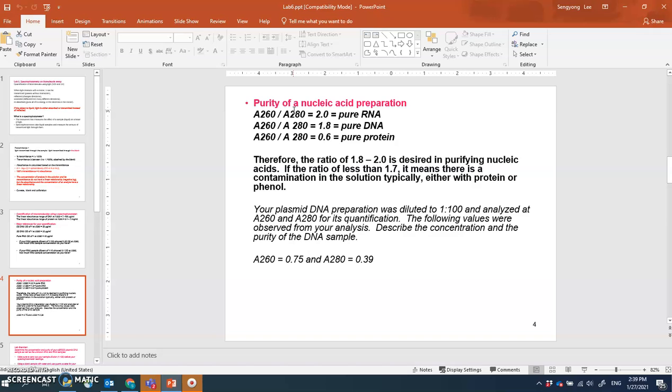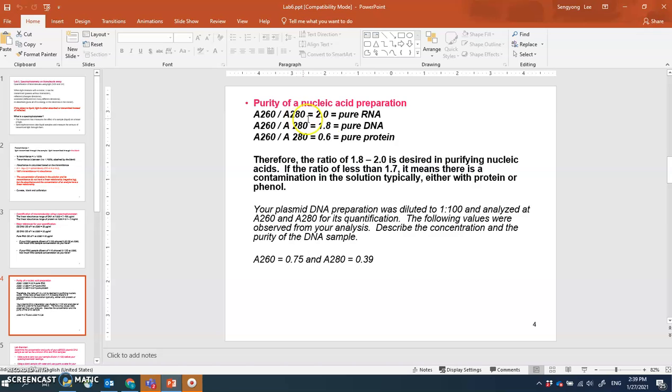Especially here, if the ratio 260 over 280 is close to 2, then most likely your sample is mostly made out of RNA molecules. Because RNA molecules, single-stranded, they may absorb more light at 260 compared to DNA. And they absorb less light at 280 UV light.